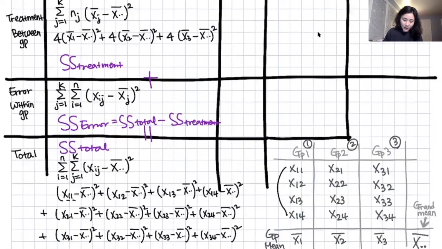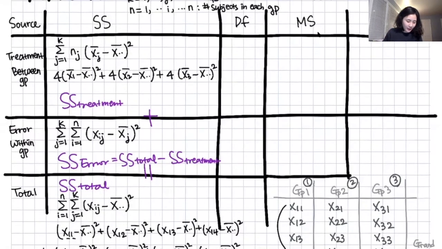And then the degrees of freedom of treatment is number of groups minus 1. And the degrees of freedom of error is number of groups times number of subjects minus 1. And the degrees of freedom of total is number of groups times number of subjects in each group minus 1.